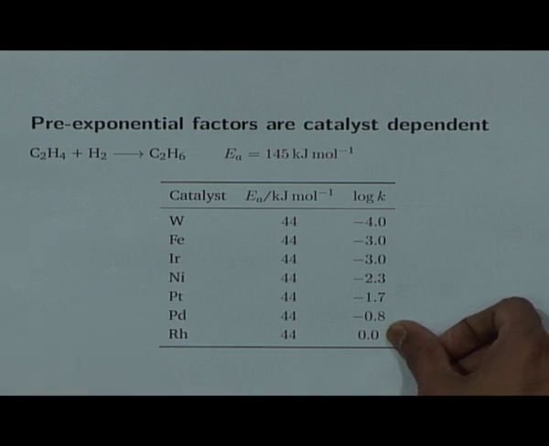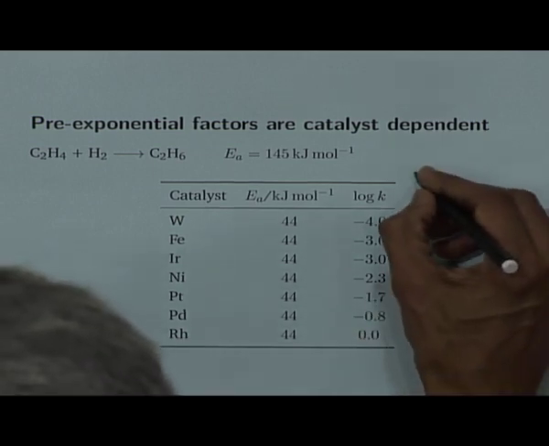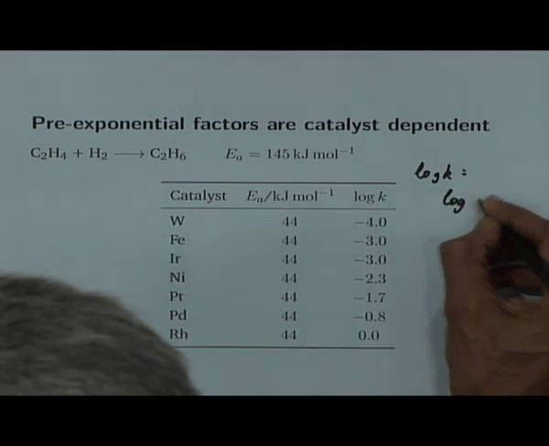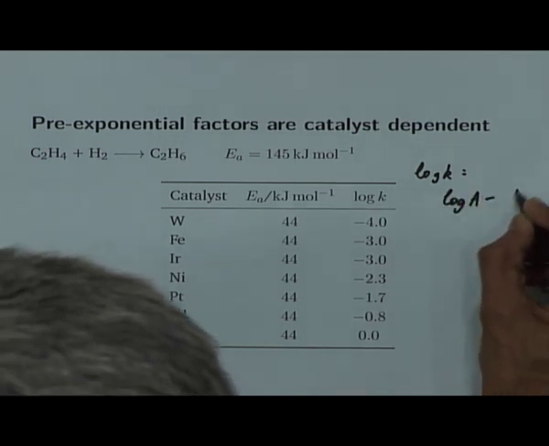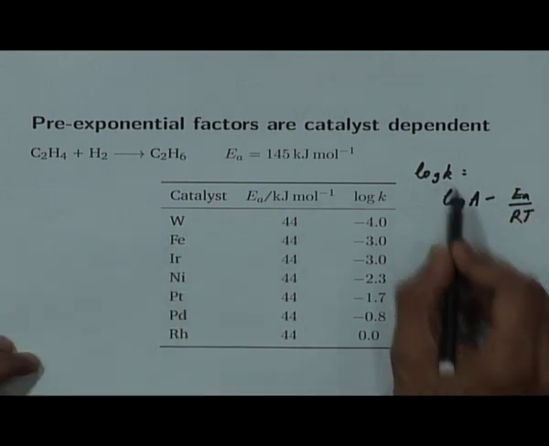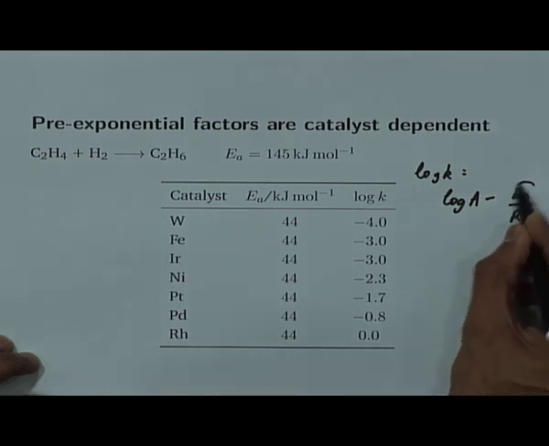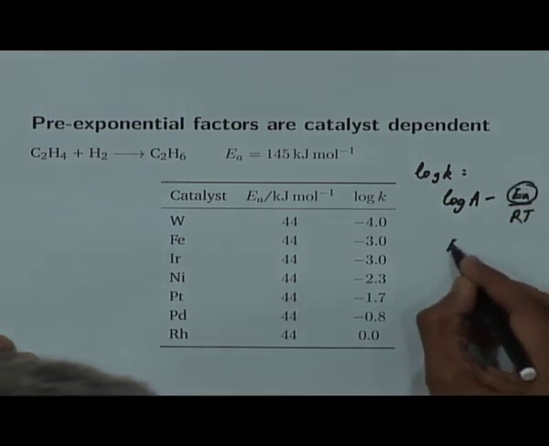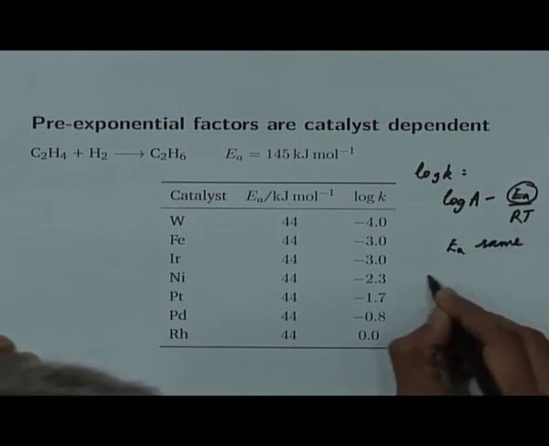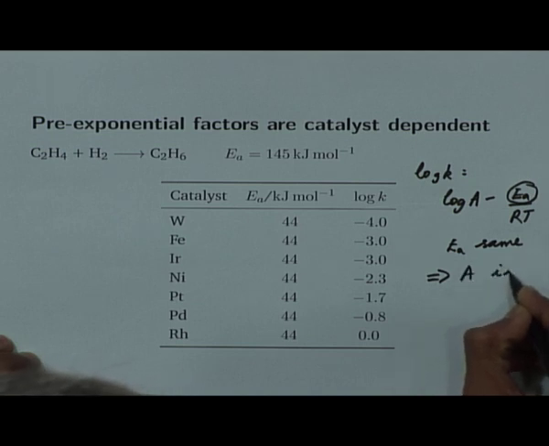If the logarithm of the rate constant is different, what it implies is that because the EAs are the same, A is different.